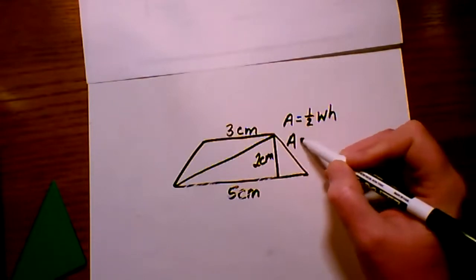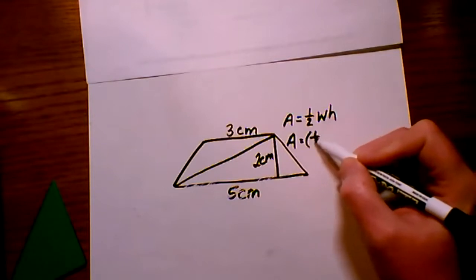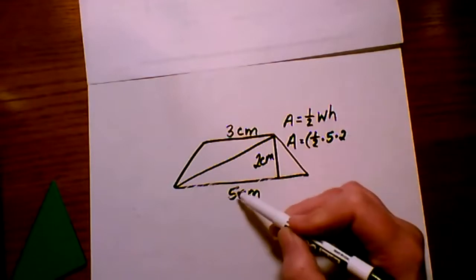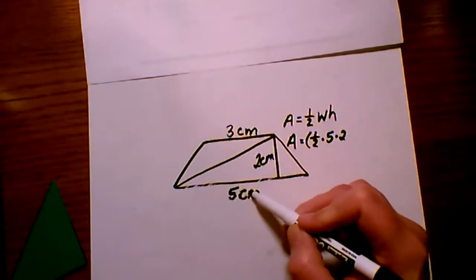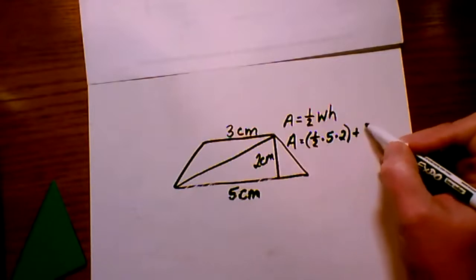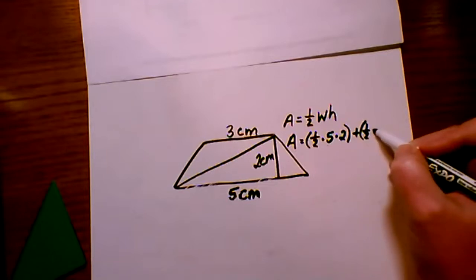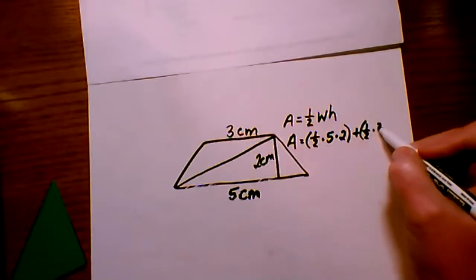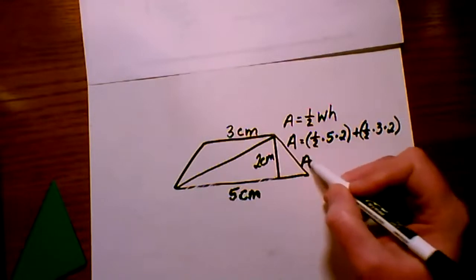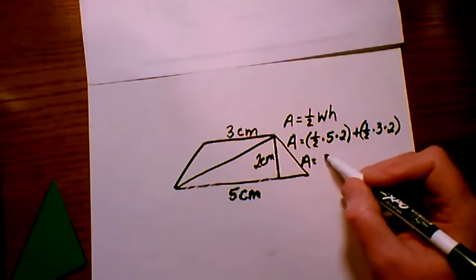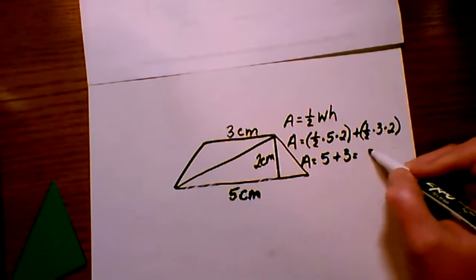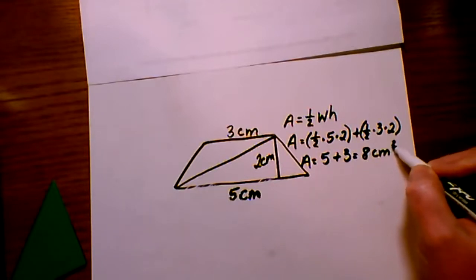So the area of the trapezoid is going to be 1/2 times 5 times 2, the 5 centimeters here, and the 2 centimeters for the height, plus 1/2 times 3 for that width times the height, which is 2. So when we work all of that out, we get that the area of the trapezoid is 5 plus 3, which equals 8 centimeters squared.